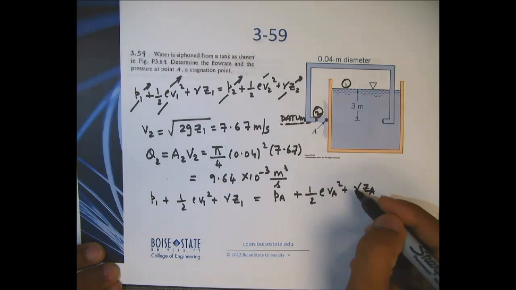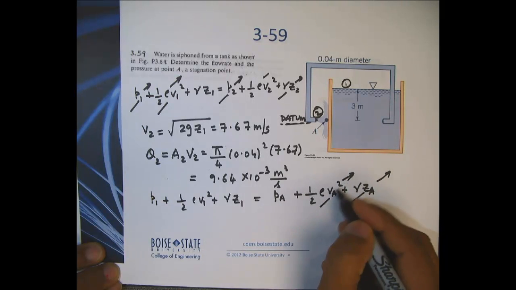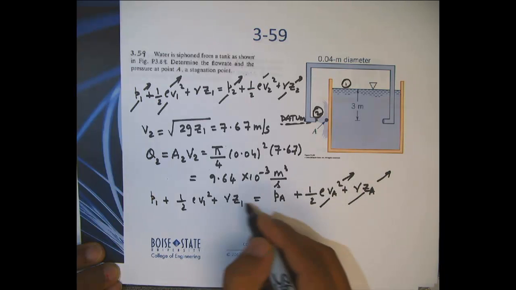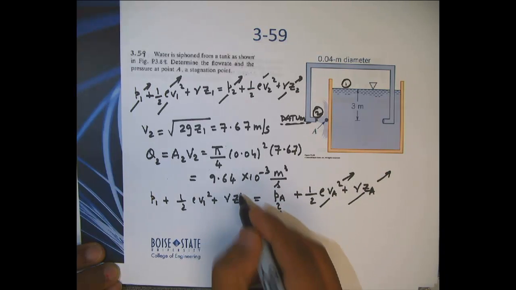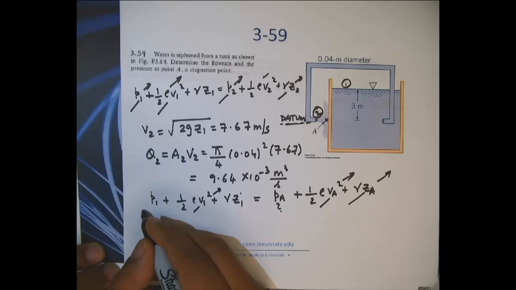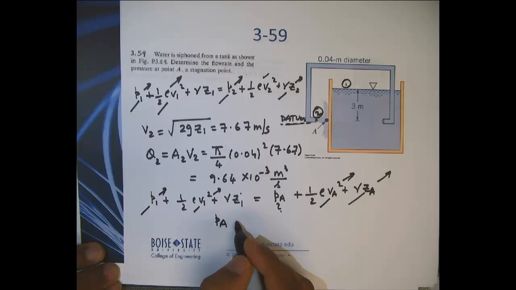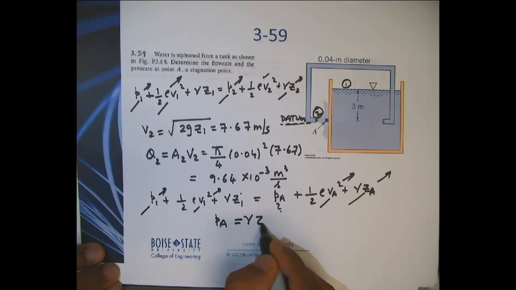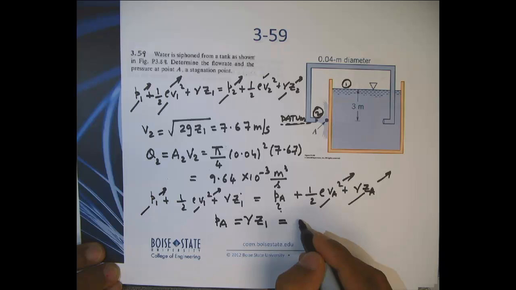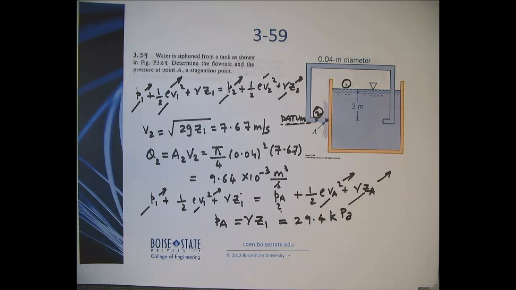Again, if I pick the datum here, ZA is gone, VA is stagnation point, so velocity is 0. After PA, I know Z1, which is 3 meters. V1 is 0 for a large tank, P1 is 0 gauge. So I end up with a simple relation for PA, which is gamma times Z1. Okay, so you should end up with 29.4 kilopascals.